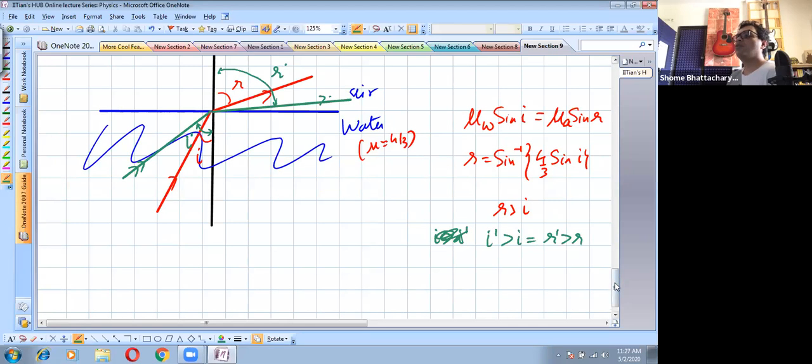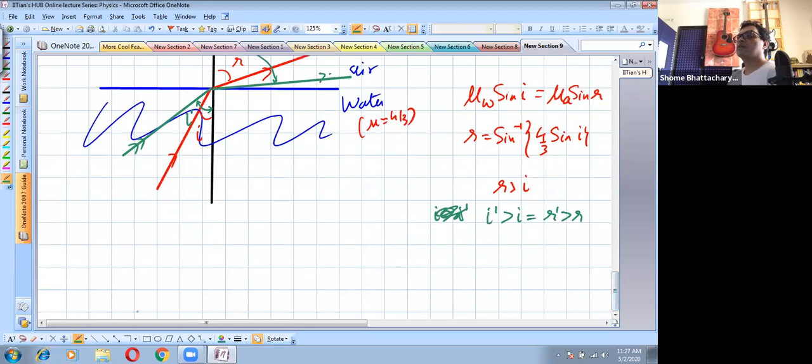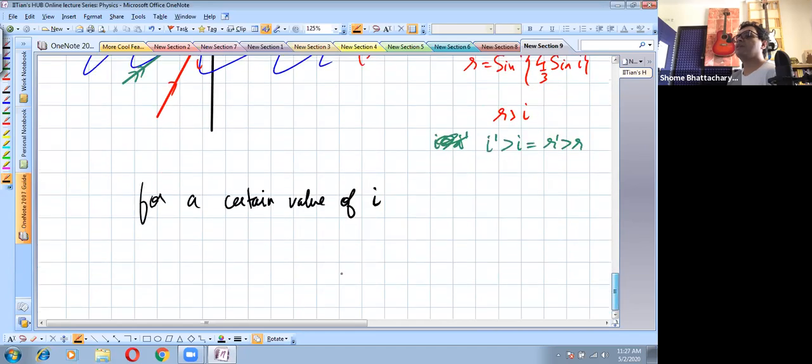So what happens is you go on increasing the angle of incidence. Okay. So at a particular value of angle of incidence, for a certain value of I, your R, which in this case is sine inverse of 4/3 times sine I, will actually become sine inverse of 1, which will become 90 degrees.